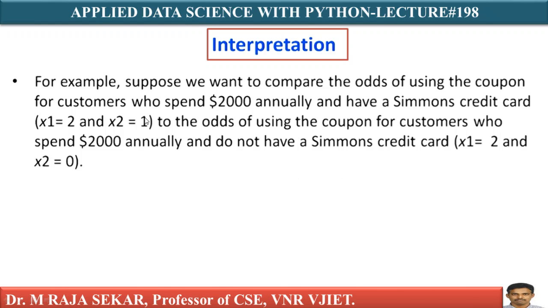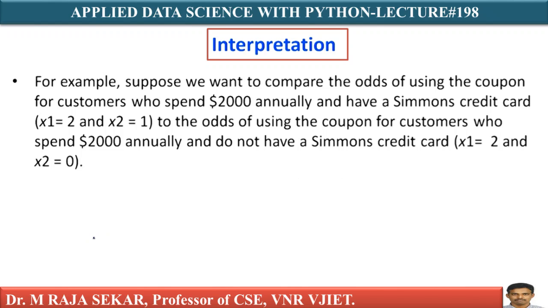For example, suppose we want to compare the odds of using the coupon. Which one is the coupon? The coupon is the dependent variable.